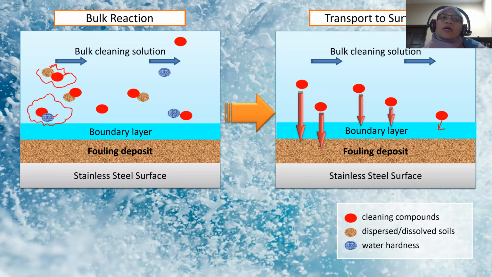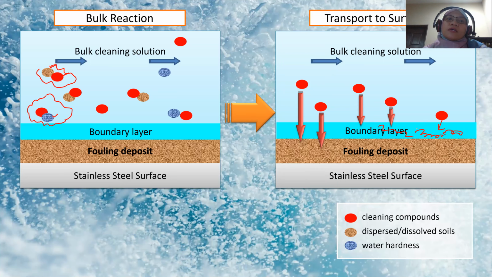The transportation could be caused by turbulence, or it could be caused by concentration gradients.